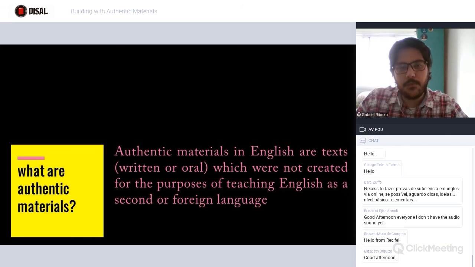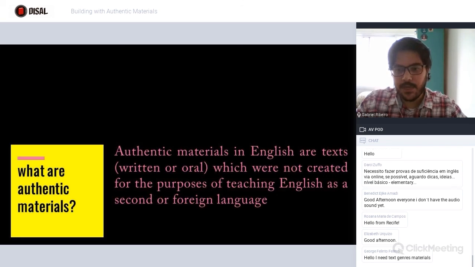There are some disputes. Some authors would consider that in order for it to be completely authentic, you wouldn't be able to cut. So, for example, if I am using an article from a newspaper in class, according to some authors, it would not be authentic if I am just using an excerpt of the text. This is a little bit extreme.